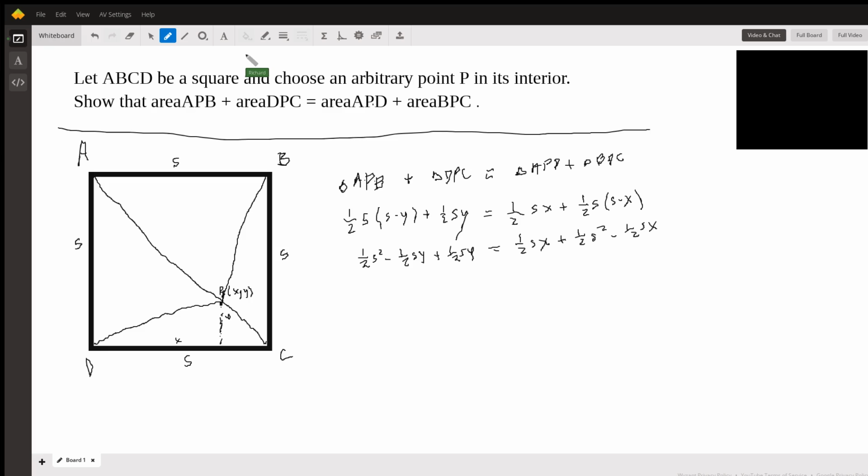Just going to change color here. So these terms cancel, and these terms cancel, and we have 1/2 S squared equals 1/2 S squared. So we've just proven that this sum is equal to that sum, which is what we were asked to do.